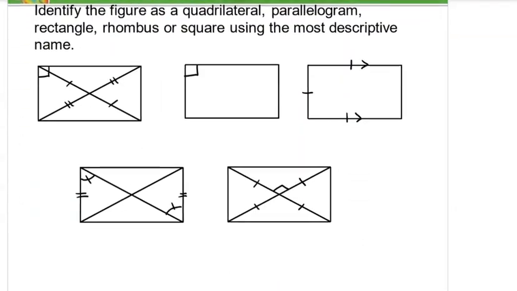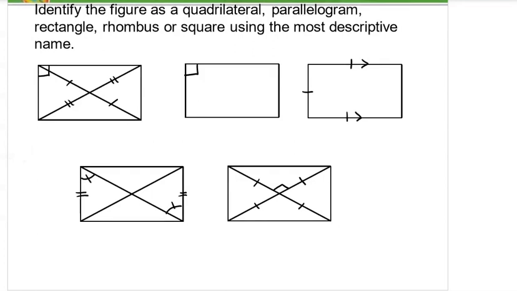So let's look at what's going on with this one. On this one, I see the diagonals are bisected. And I see a 90-degree angle. Because the diagonals are bisected, I know right away that this is a parallelogram.